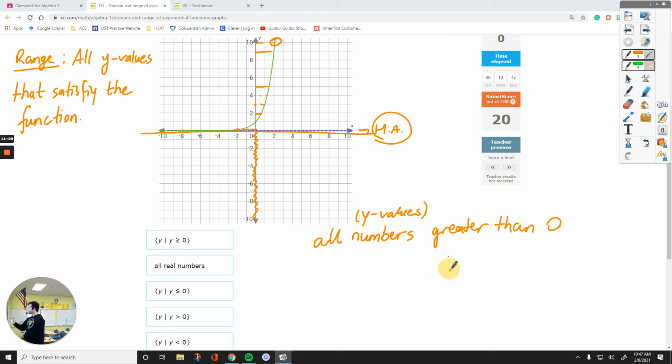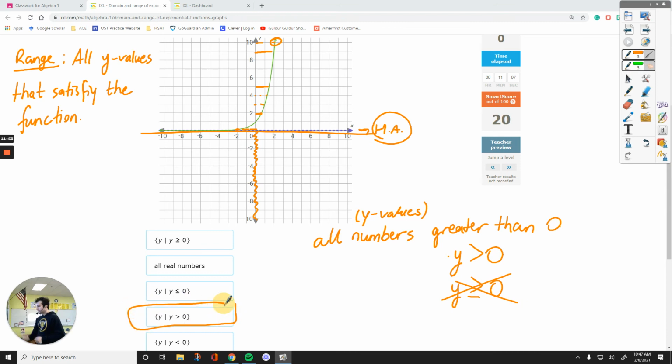So is it gonna look like this? Or is it going to look like that? Because if you just jump on one of the zeros that you see, you might get it wrong. This is wrong, because that tells you that 0 is included, whereas it's at the boundary. The graph is not going to touch that 0. So the answer would be, I'm looking at this right here: y is greater than 0.